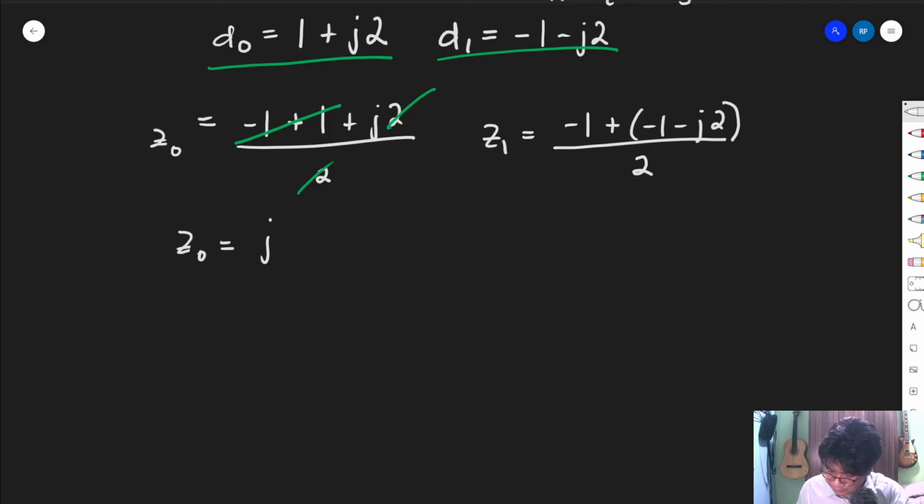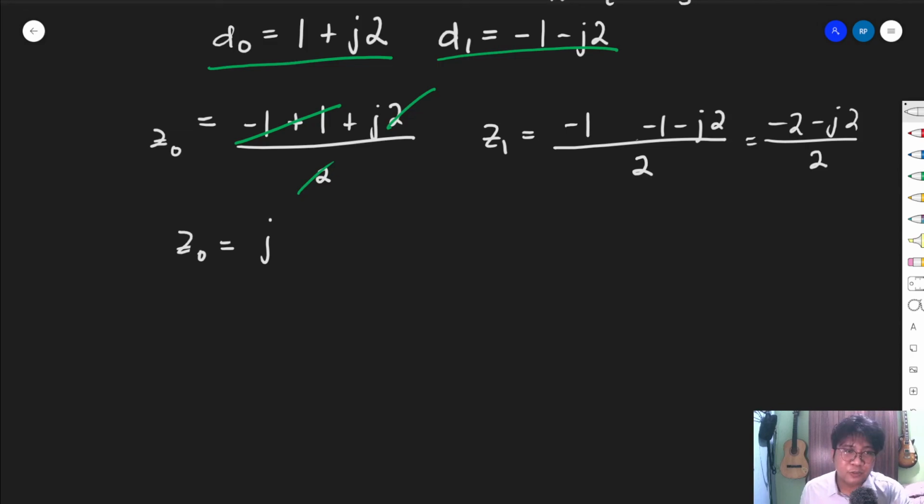Next, si z sub 1 naman. Mawawala yung plus tsaka yung grouping, kasi hindi naman yan mababago yung values. So we have negative 1 minus 1 minus j2 over 2. So this will be negative 2 minus j2 over 2.